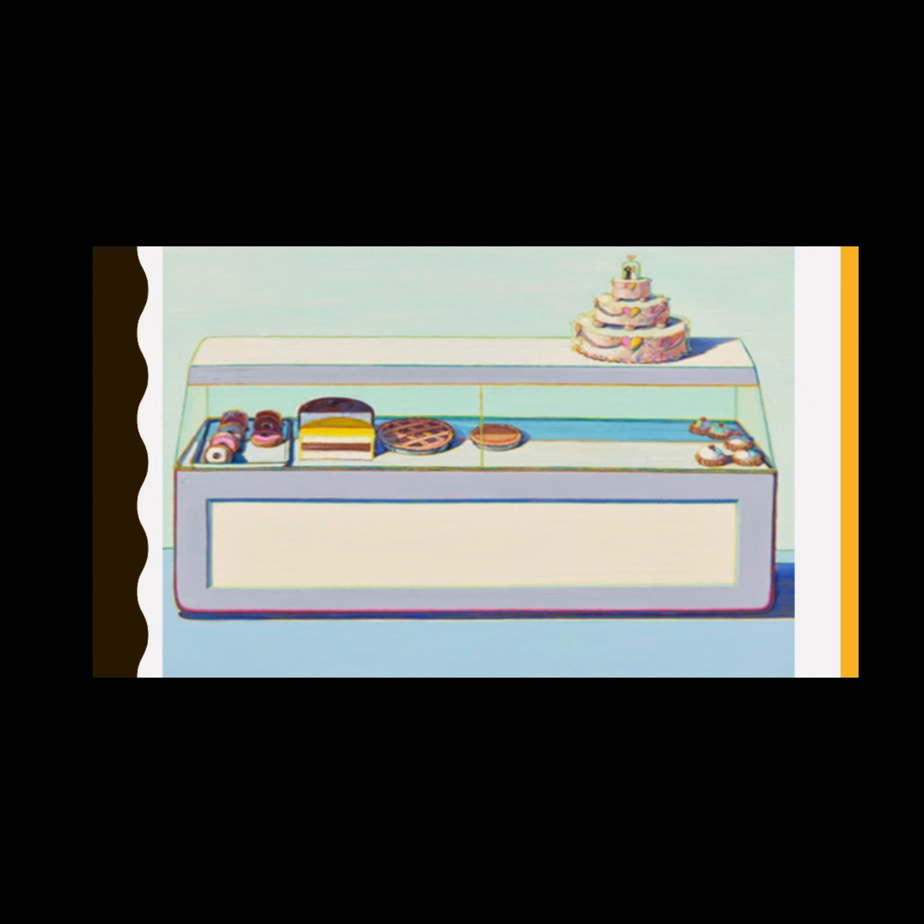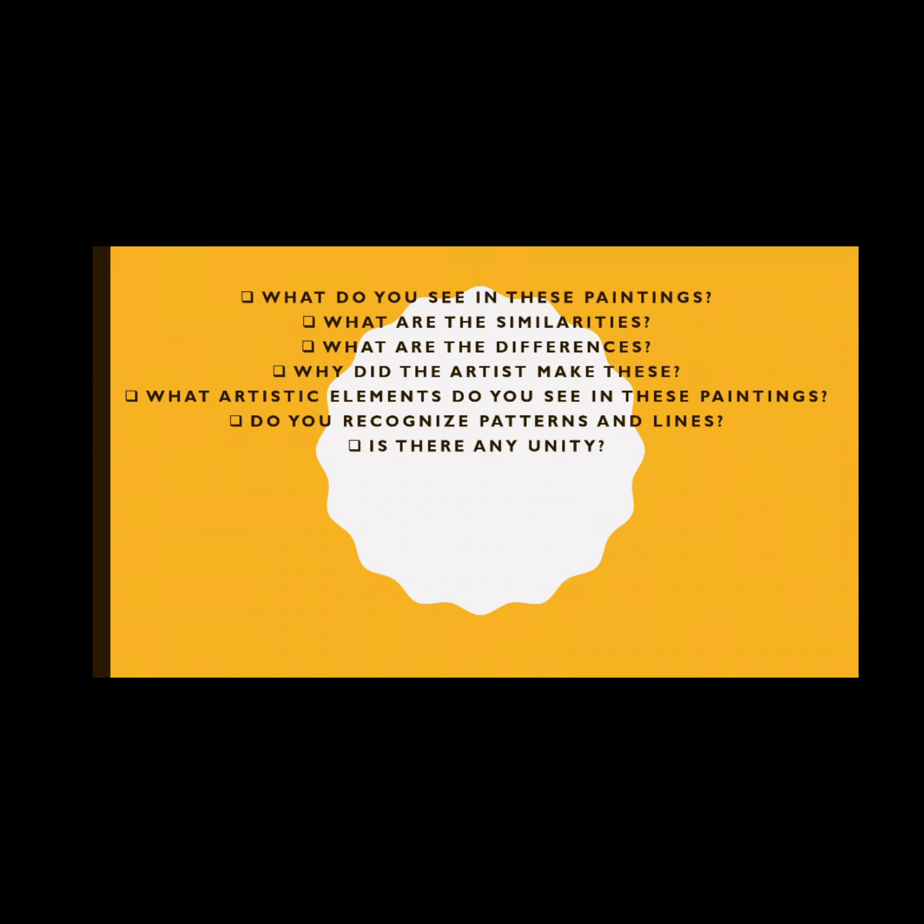Okay? Now these are very simple, basic examples of very 70s era food displays and desserts. What I want you to do is think upon these questions. What do you see in these paintings?